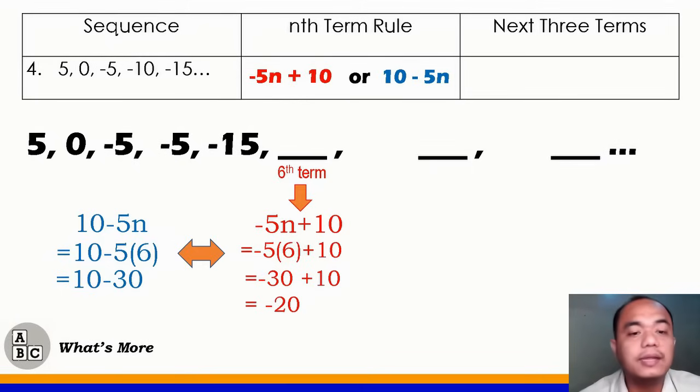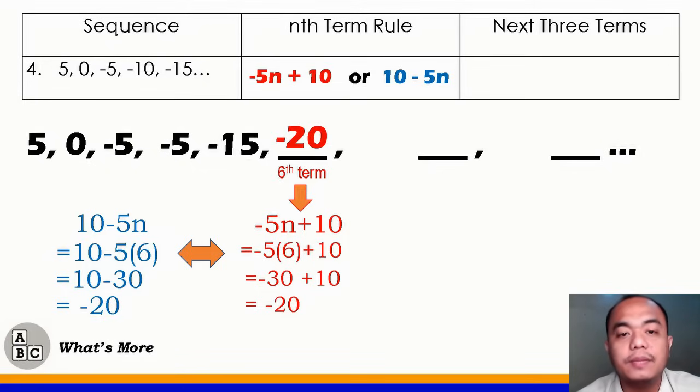So 10 minus 30, and 10 minus 30 is negative 20. That shows that negative 5n plus 10 or 10 minus 5n are both the same in terms of using it as n-term rule for the sequence. So again, our sixth term here is negative 20.